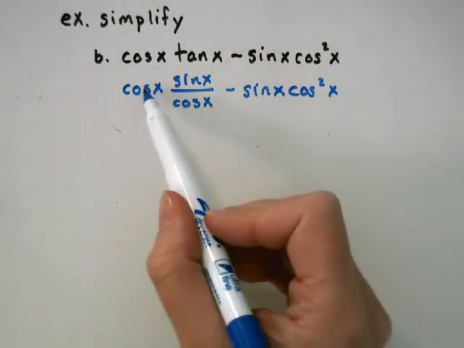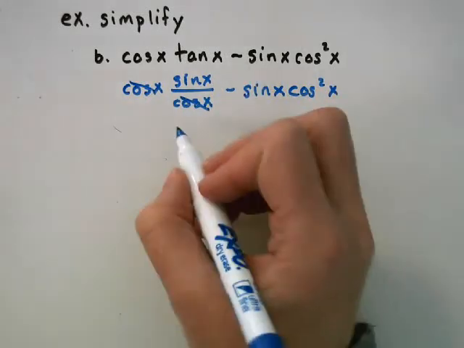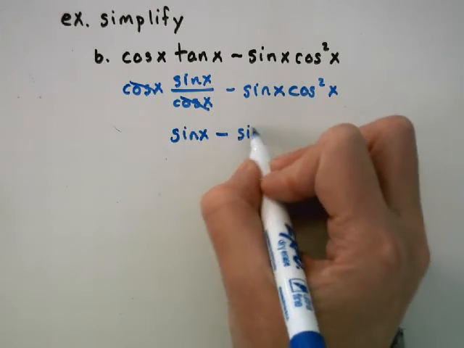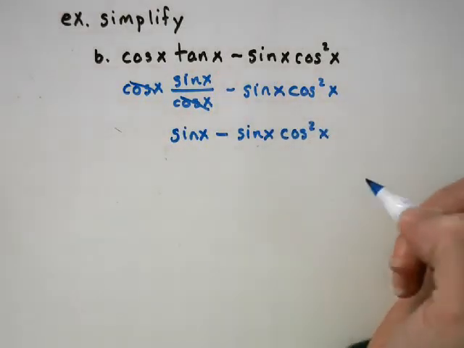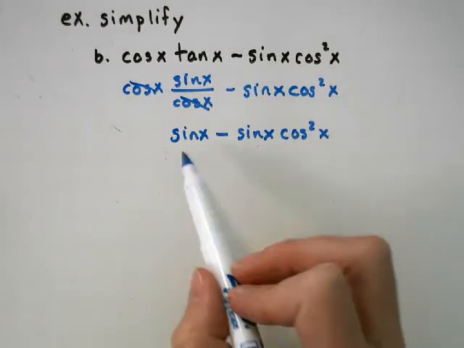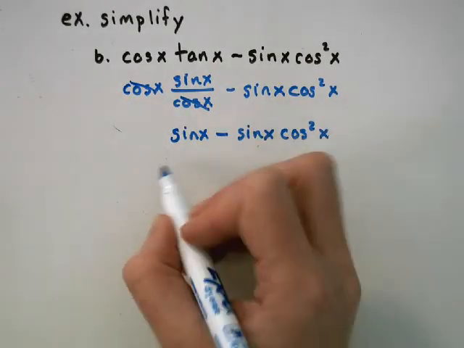Okay, well here, if we have cosine times sine over cosine, those eliminate. So I have sine of x minus sine of x cosine of x. We're going to be doing a lot of algebra stuff in these problems. So the algebra step we're going to do here is I'm actually going to factor a sine out of both of these terms.